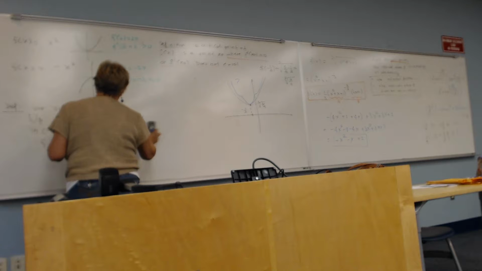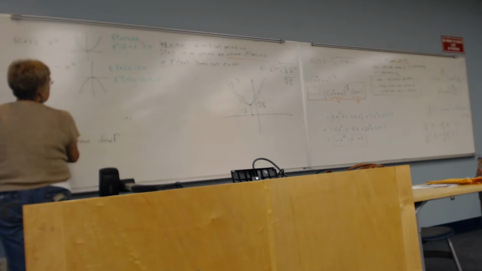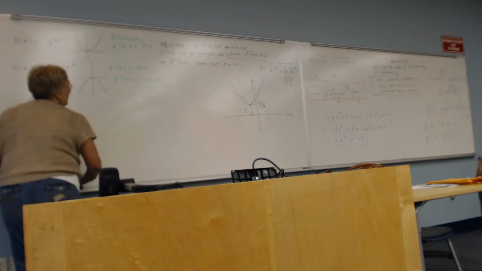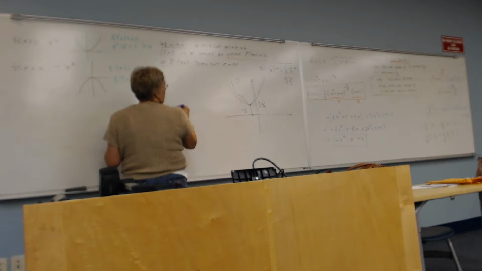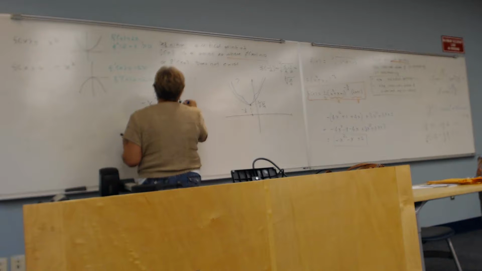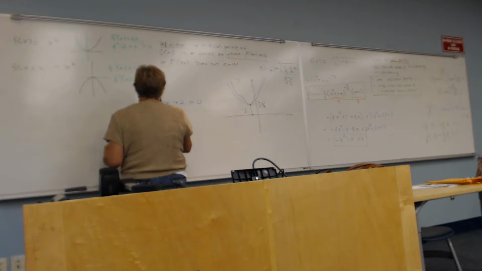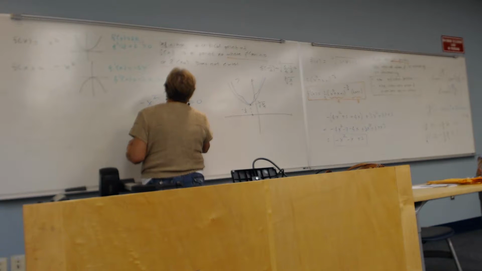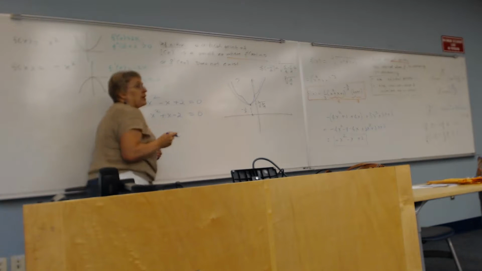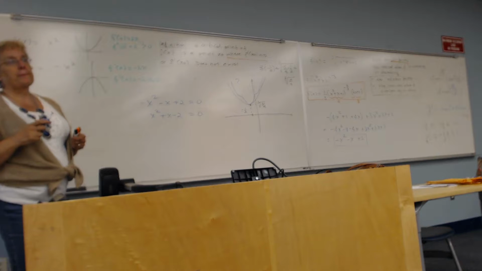So now, I'm sorry, we have to sacrifice some of these definitions. All right, so we want minus x squared minus x plus 2 equals 0, right? So we can change the sign of everything, if you like, and write it like that.